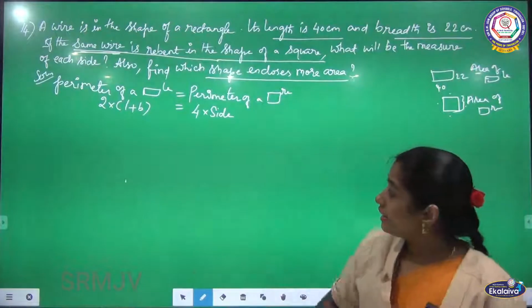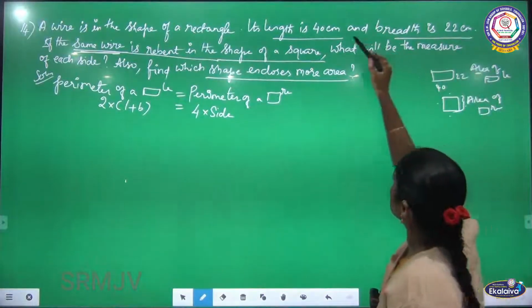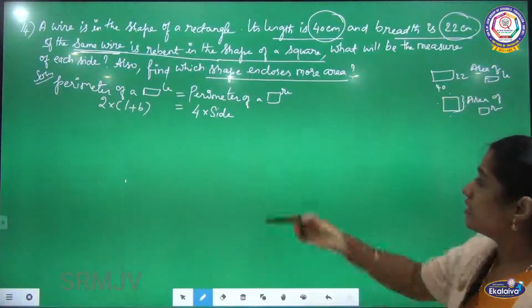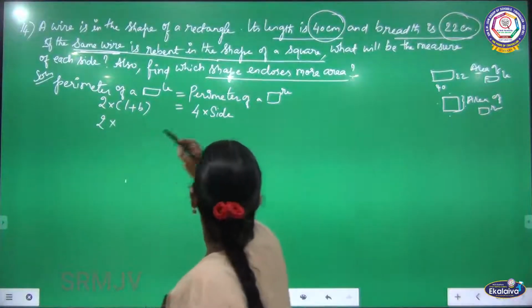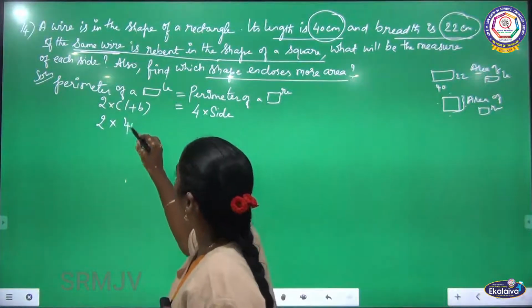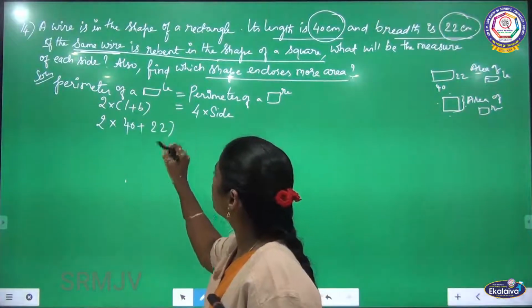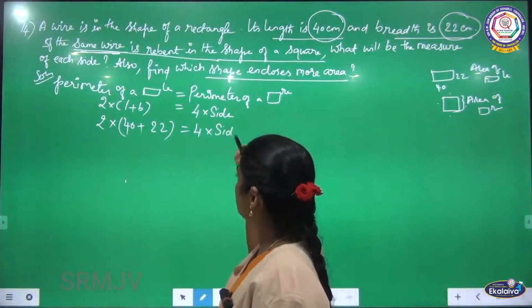Now listen, they have given in the question the length and the breadth. See, this is my length as well as my breadth for the rectangle. I am just substituting here. So, 2 into, what is the length? 40 plus 22 equal to 4 into side.